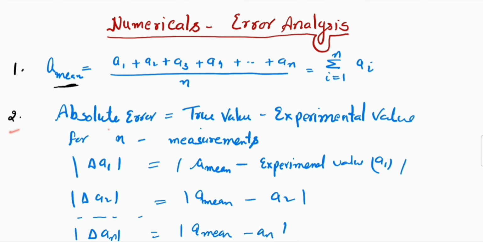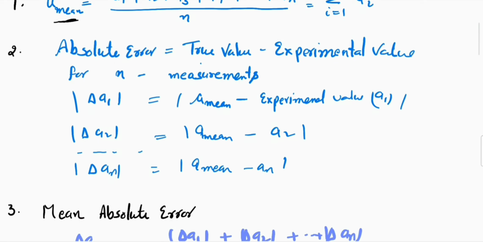Second is absolute error, which is the difference between the true value and the experimental value. For N measurements, we have the absolute error for A1, which is equal to A mean minus the experimental value. Similarly we have delta A2, the absolute error in A2, and delta AN, which is the absolute error in the nth measurement.